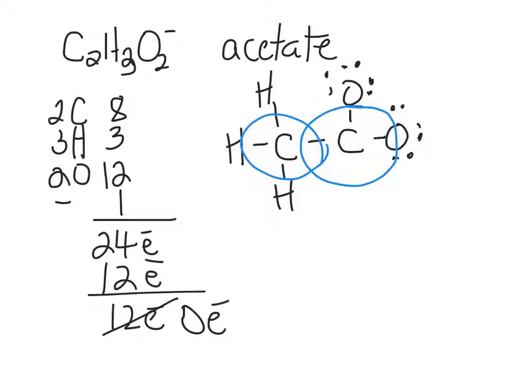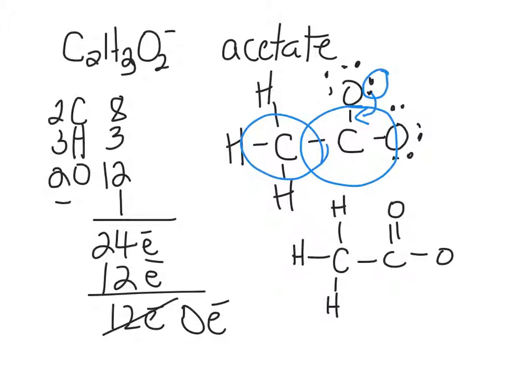So we don't have any more electrons, so we have to make one of those lone pairs of electrons into a double bond. It doesn't matter which oxygen you use. You bring it down so that it forms a double bond. So then you end up with CH3 with a double bonded O. So now we have 2 lone pairs of electrons left on this oxygen, and we have 3 lone pairs on the other oxygen.